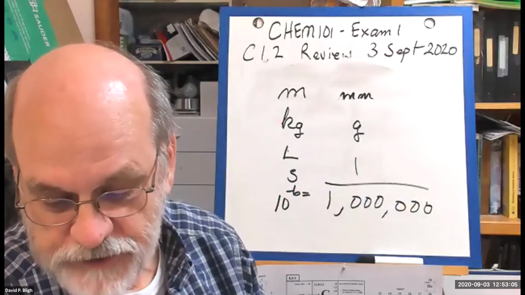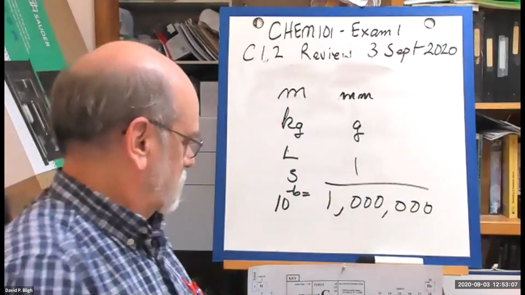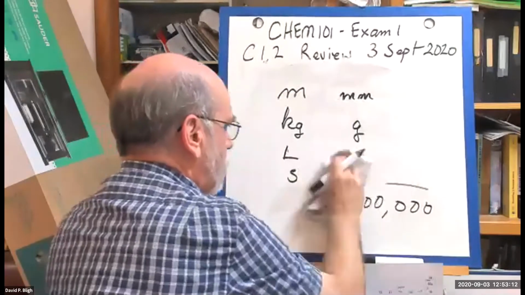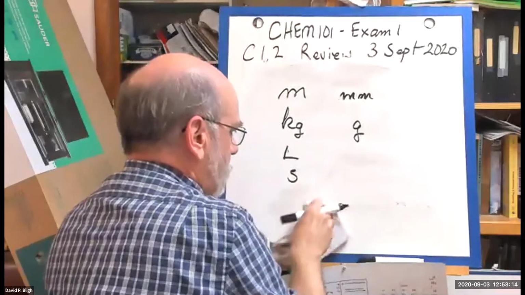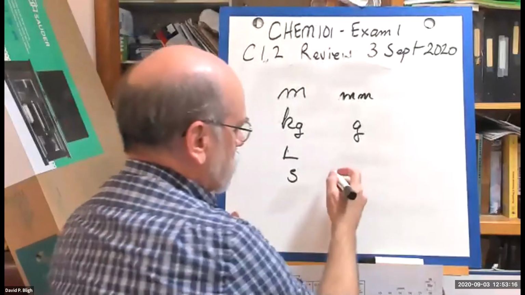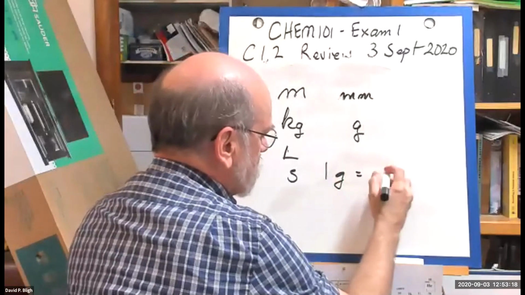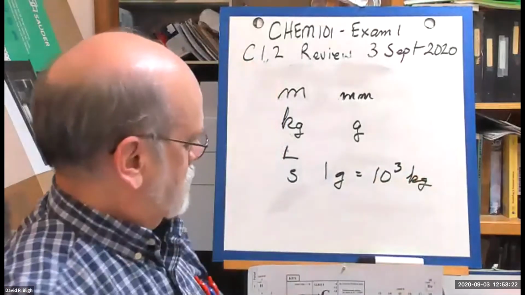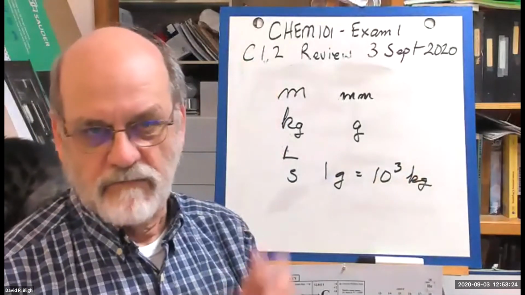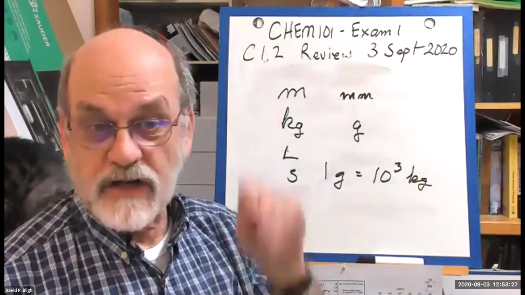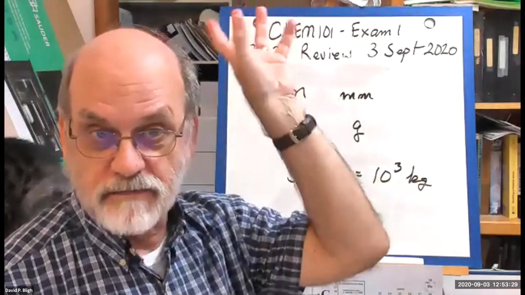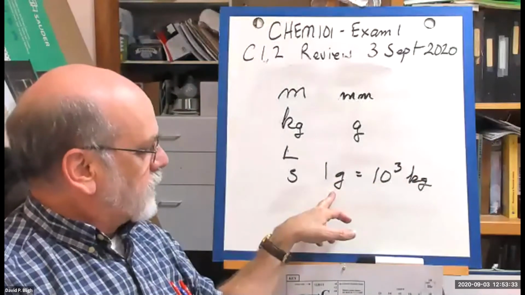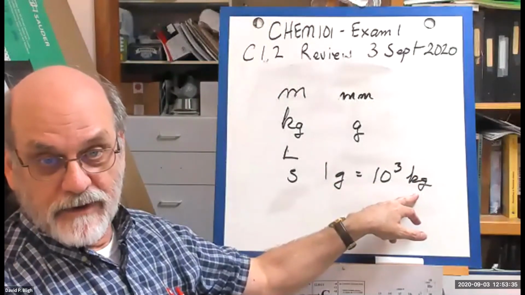1 gram equals 10 to the third kilograms. So if we say 1 gram is equal to 10 to the third kilograms, flashing lights ought to go off in the back of your eyeballs when you see something like that. 1 gram is smaller than a kilogram.